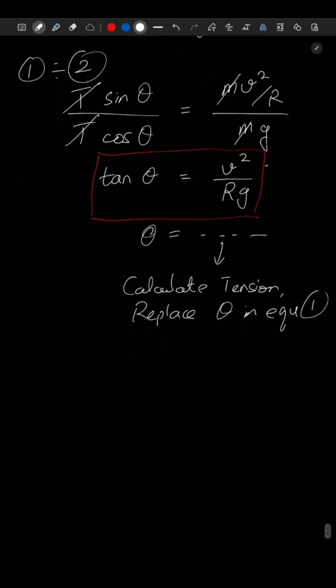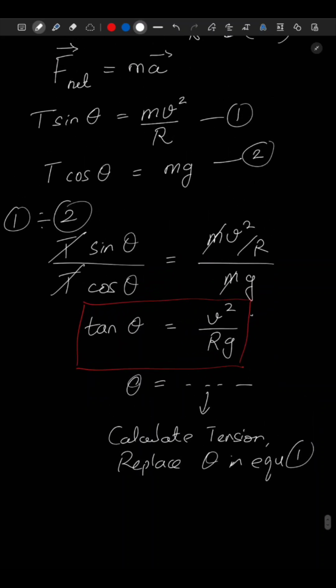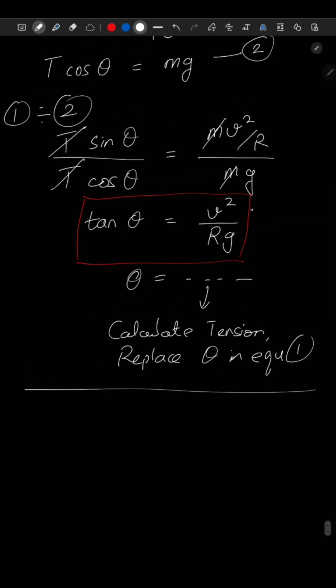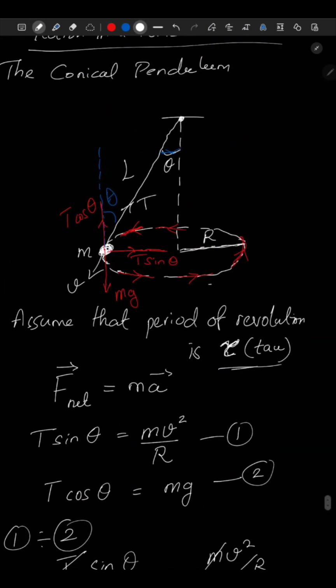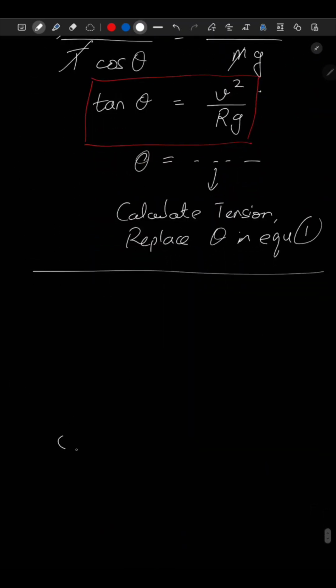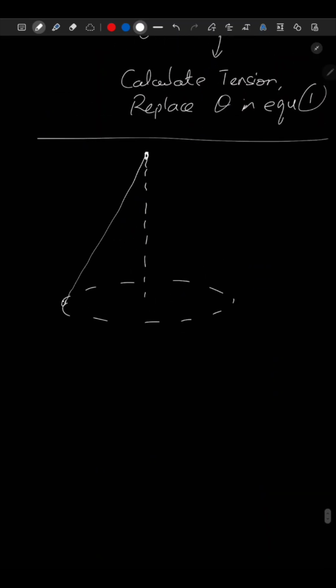Okay. Now we can come up with another equation. Let's see, we have assumed that the period of revolution is given by tau. So for this, now we have the horizontal circle. Here is the length L, and this is R, the radius of the circle.